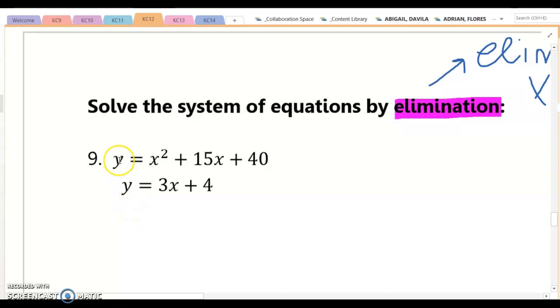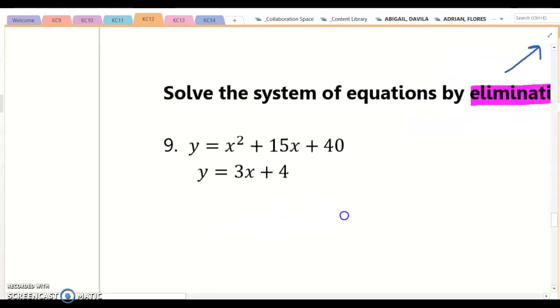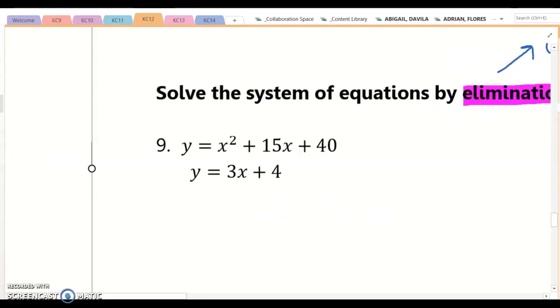The only thing is right now they're both positive. Two positive things aren't going to cancel each other out. We need a positive and the negative of the same thing in order to cancel each other out, right? So a positive y and a positive y don't cancel.